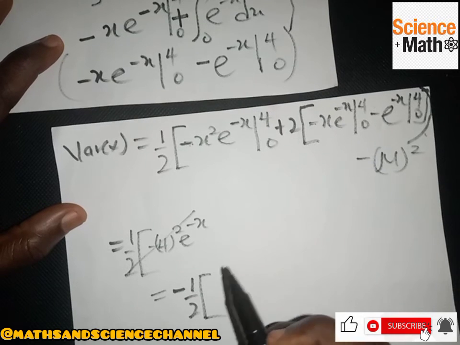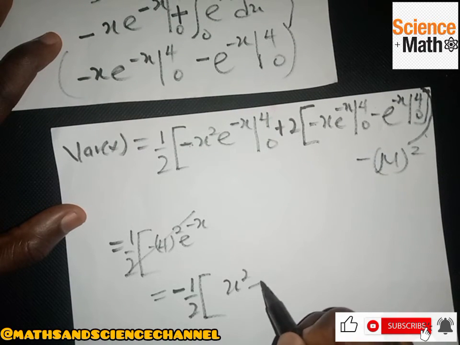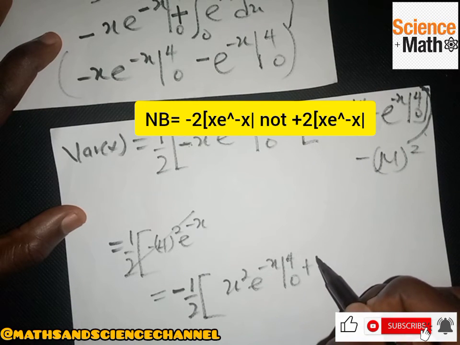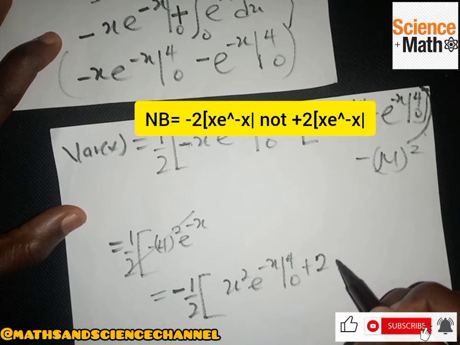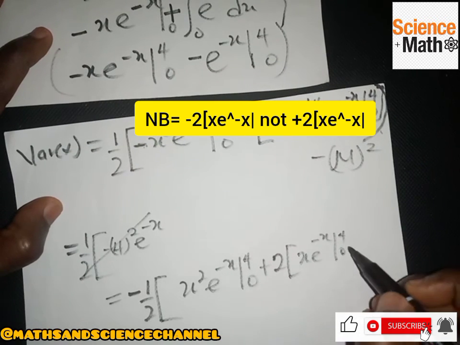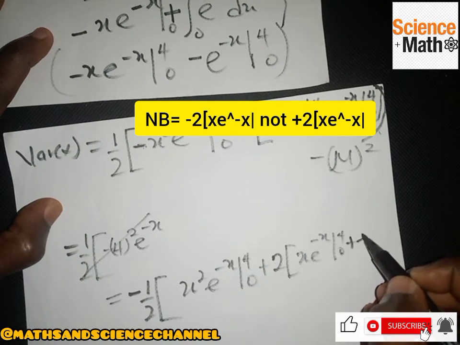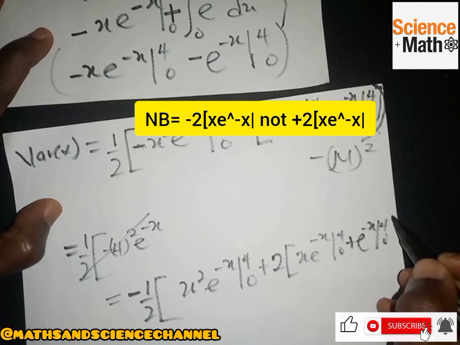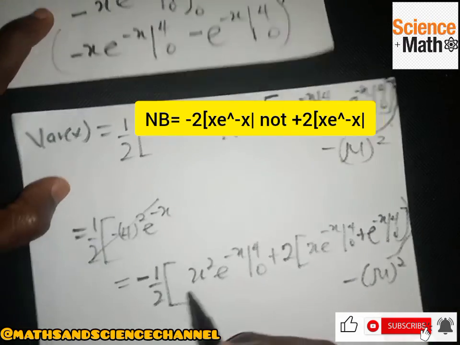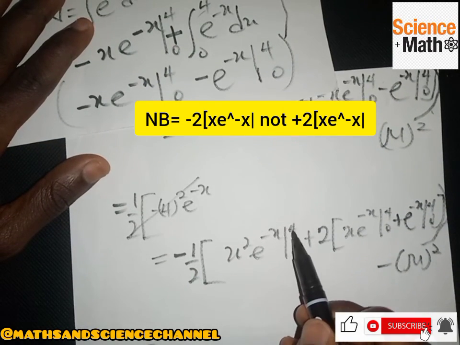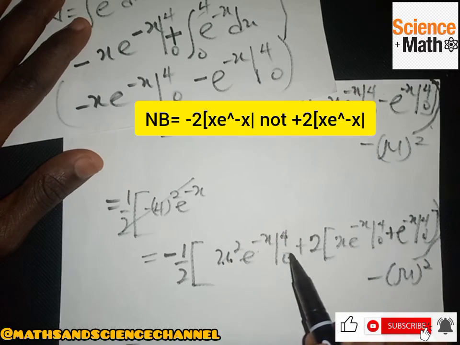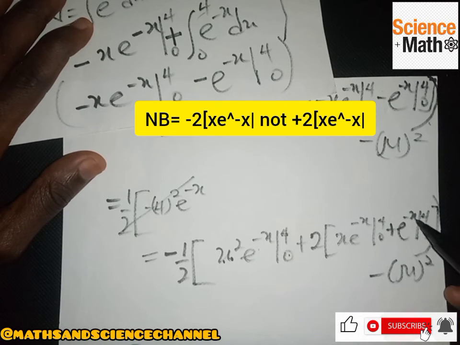When we bring the negative outside, we are just left with x squared e exponent minus x, 4 to 0, plus 2 times x e exponent minus x, 4 to 0, and then plus e exponent minus x, 4 to 0, and the mu squared affecting the whole of that. What we are going to do next is substitute 4 into it, then minus substituting the 0 part. So you do it for this part, this part, and also this part.